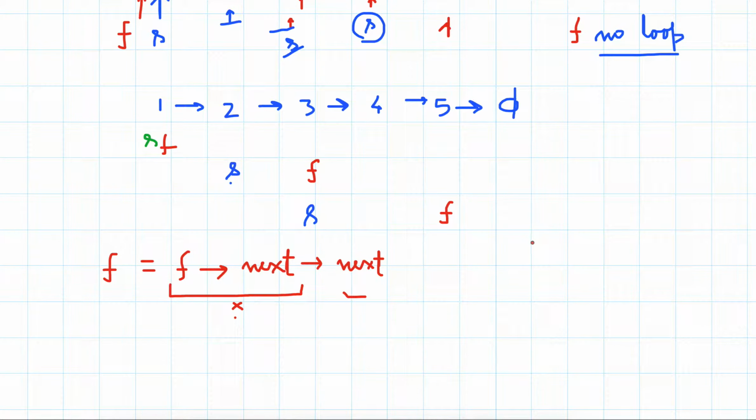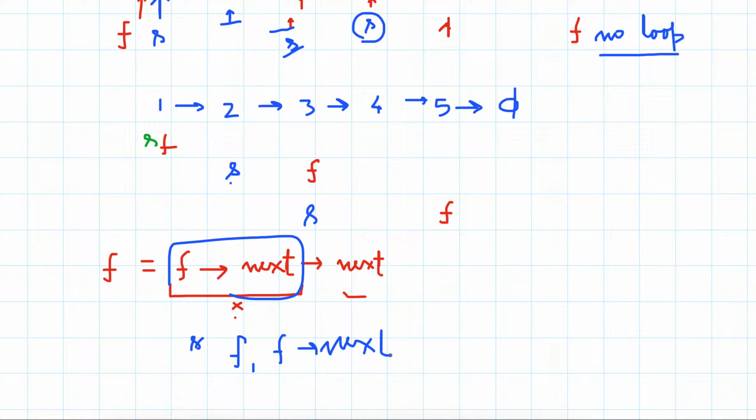So our condition will be that the next of the fast pointer should exist, and the slow pointer will definitely exist because fast is always moving ahead of that. So fast should exist and its next should exist. Then only we can find next. We cannot find the next of a null node. So fast dot next should be a valid pointer.